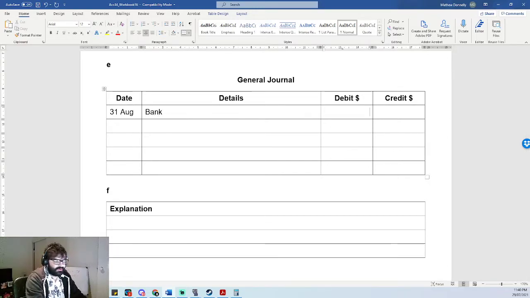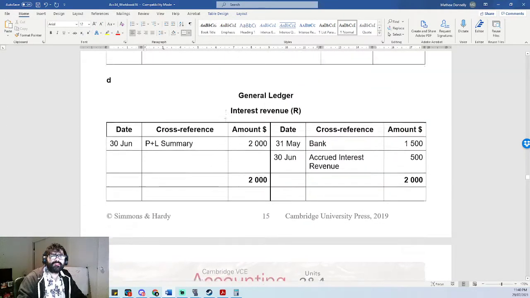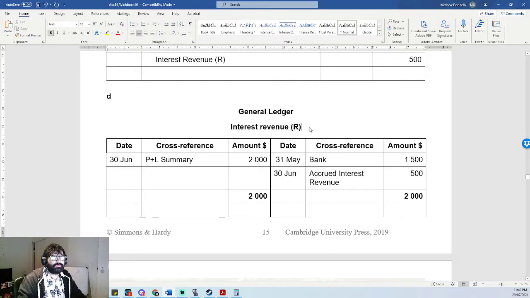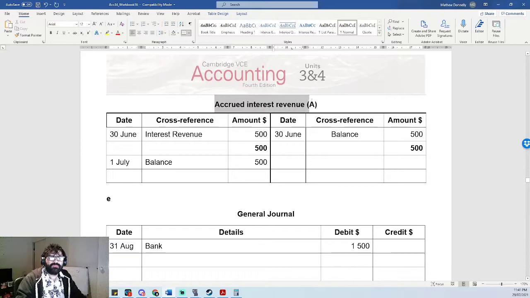So bank, 1,500. But what is that made up of? It's not all interest revenue, because remember, the accrual assumption states interest earned in the specific period is recognized in that actual period it occurred in, not when we like. So that means 500 of this was already earned prior to the reporting date.